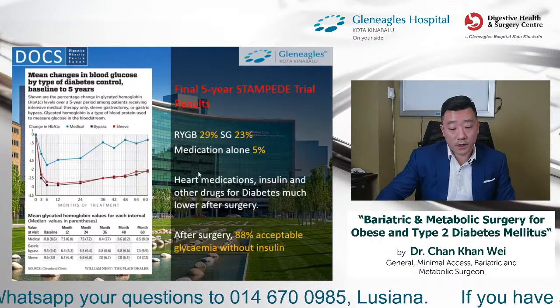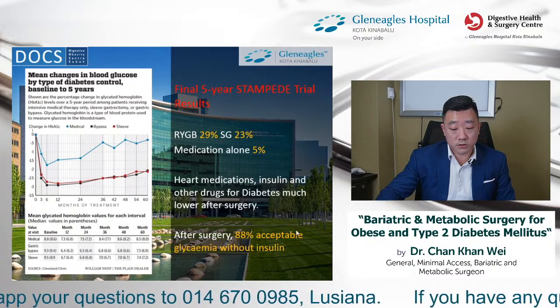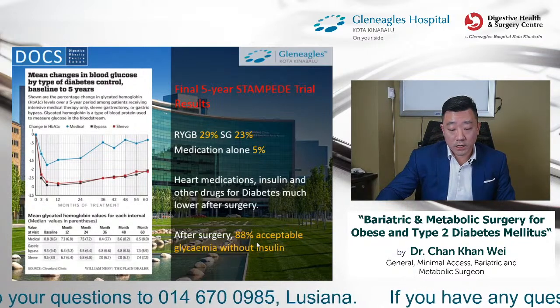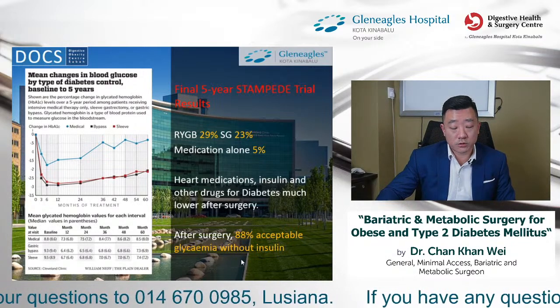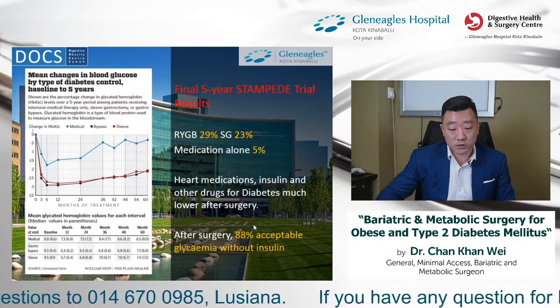Furthermore, they found out that heart medication, insulin, and other drugs for diabetes are much lower after surgery. And after that, 88% had acceptable glycemic control even without insulin in the gastric bypass or the sleeve gastrectomy group.